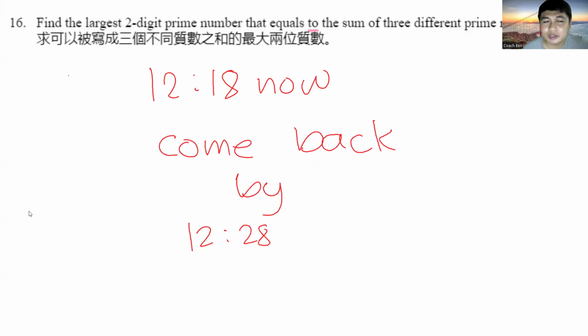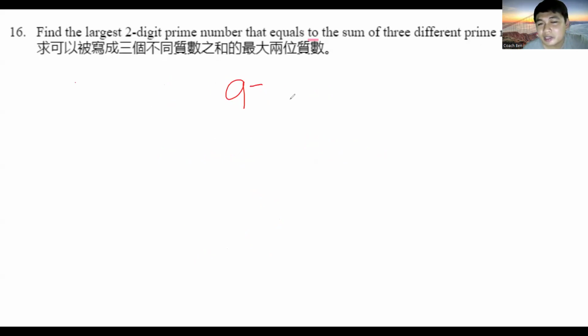There's no real solution for this other than knowing that 97 is the largest two-digit prime number, and we can also get 97 through the sum of three different prime numbers. According to your classmates a while ago, they did 3, 5, and 89, because 3 plus 5 is 8, and 89 plus 8 is 97. You can also do 31, 37, and 19.